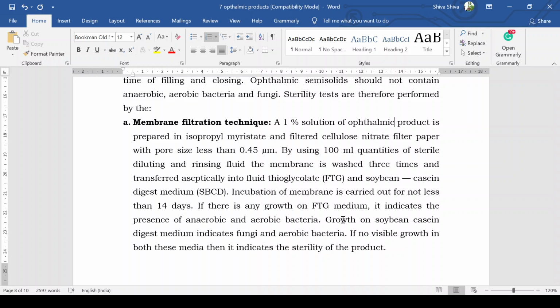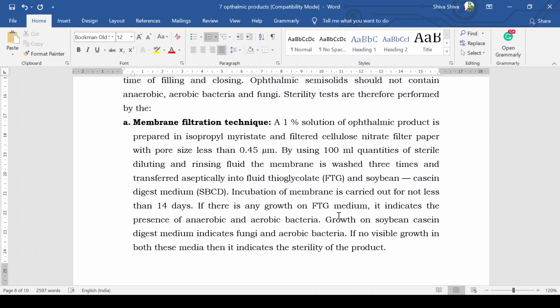If there is any growth on FTG medium, it indicates the presence of anaerobic and aerobic bacteria, and growth on soybean casein digest medium indicates fungi and aerobic bacteria presence. If no visible growth occurs in both these media, then it indicates the sterility of the product. So what is the procedure?